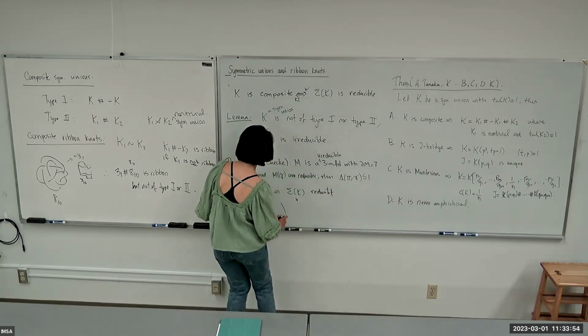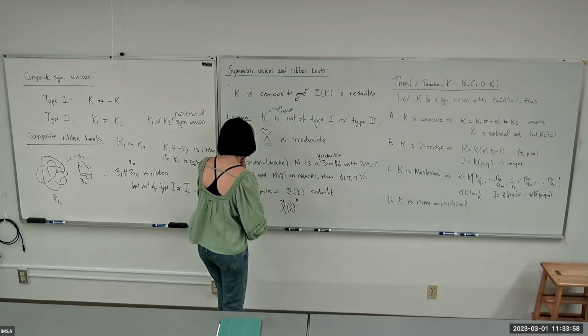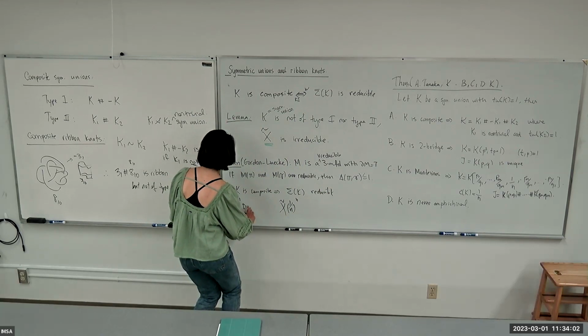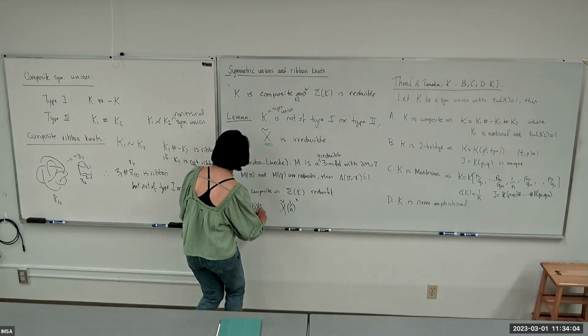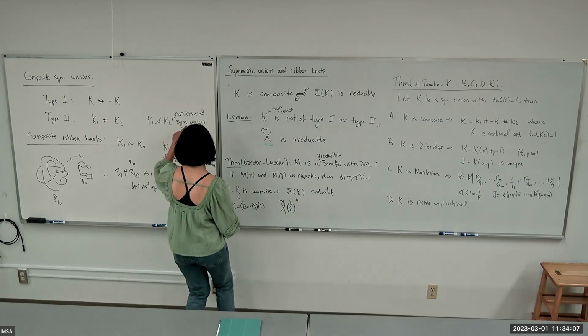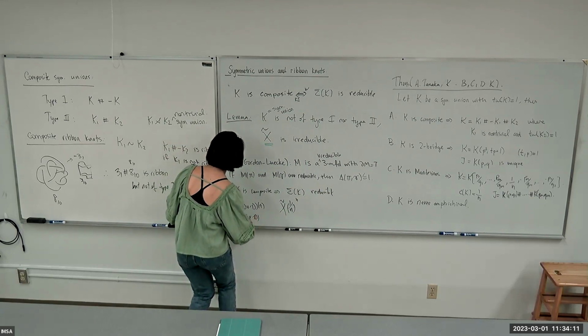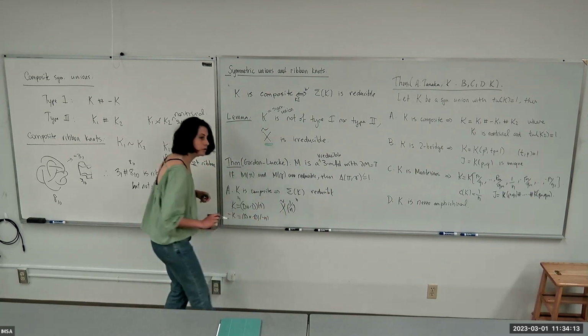But remember, this was X tilde with filling 1 over n, if K is a symmetric union. Then we observe that the mirror of K will also be a symmetric union with negative n coefficient.